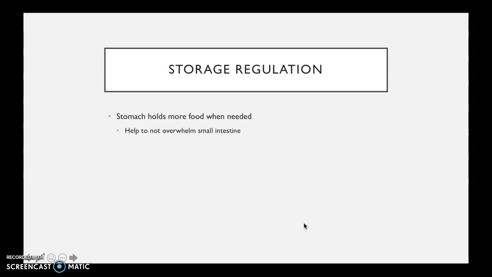So the first is storage regulation, which is done by the stomach. As noted in Silverthorne, when ingestion is more than we need from a nutritional standpoint, the stomach must regulate the rate at which food enters the small intestine. That makes sure that the stomach or the small intestine is not overwhelmed.